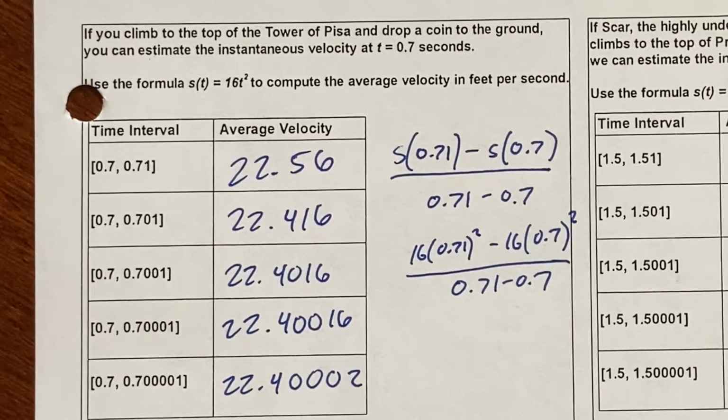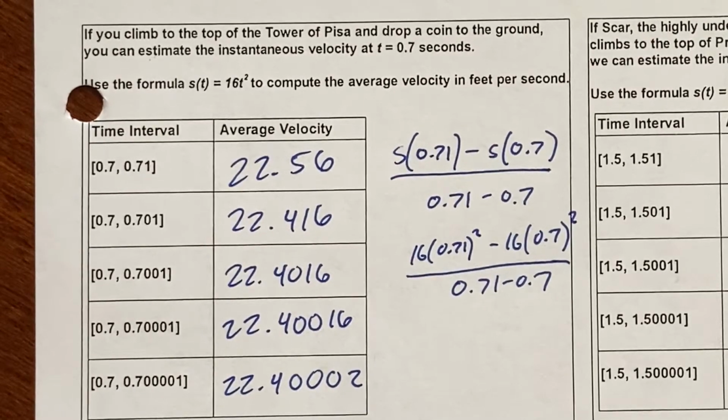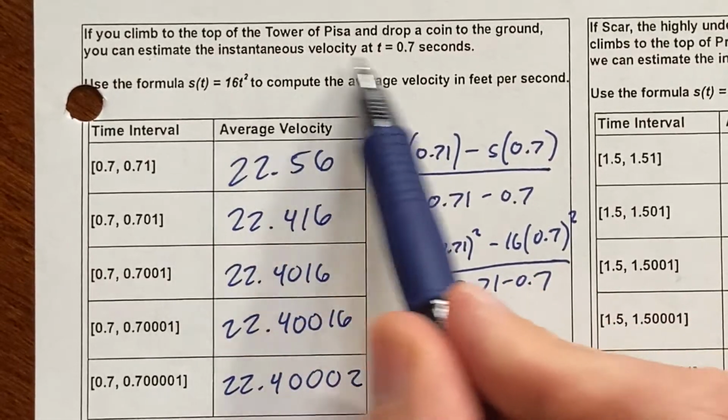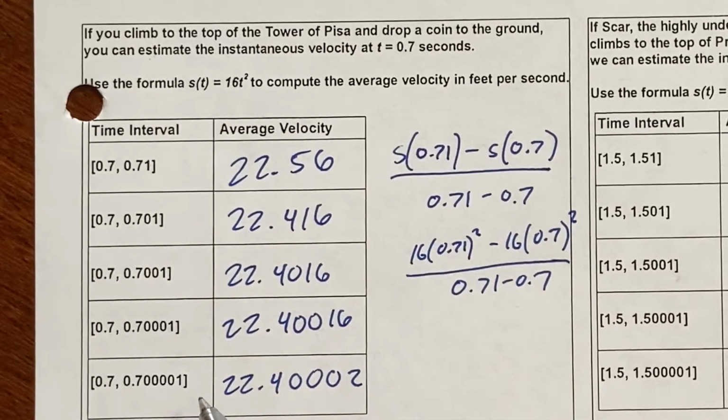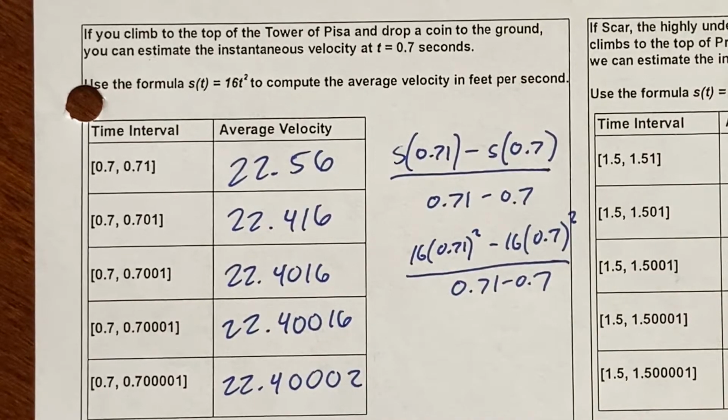Well, sir, my average velocity was only 38 miles per hour between the time intervals of when you zapped me and when I slammed on the brakes. That's not really how that flies. So instantaneous is what we're looking for here. We want to know exactly how quickly this thing is falling at 0.7 seconds. So we're going to give a good estimate here in a little bit.